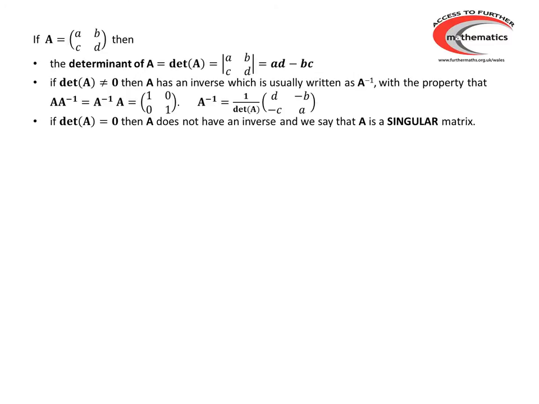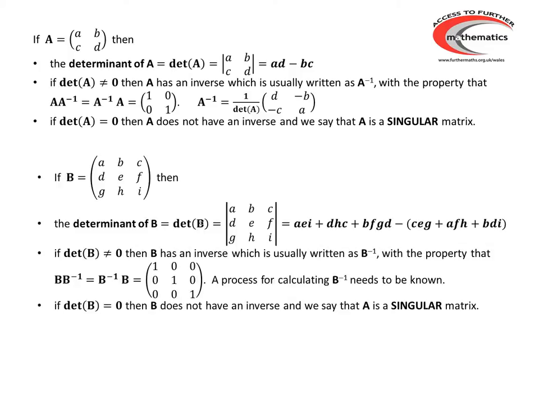And then we need to be confident and familiar with the idea of determinant of a matrix, of a 2x2 matrix, and that if the determinant is non-zero, then an inverse matrix exists, and that if the determinant is zero, then A does not have an inverse, and that A is called a singular matrix.